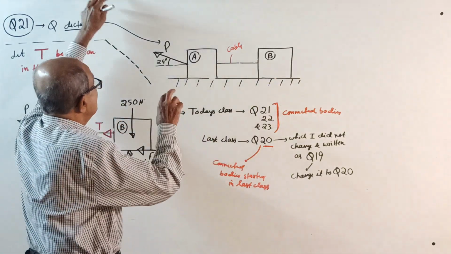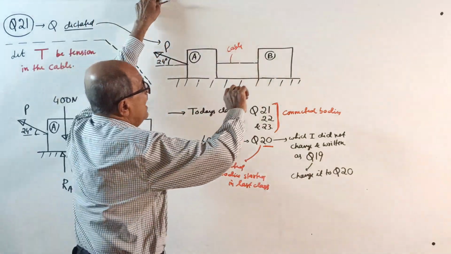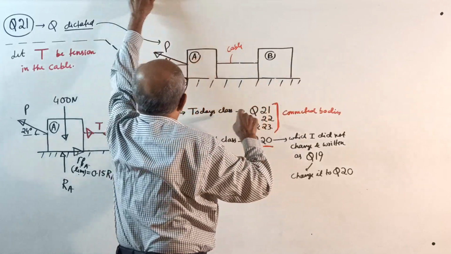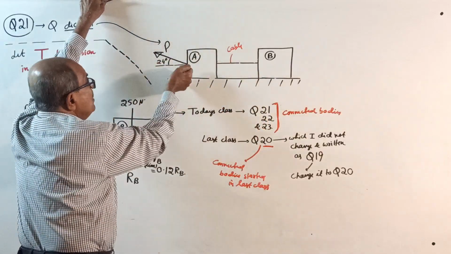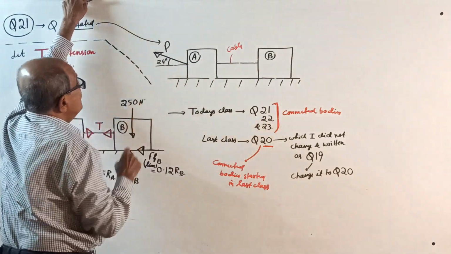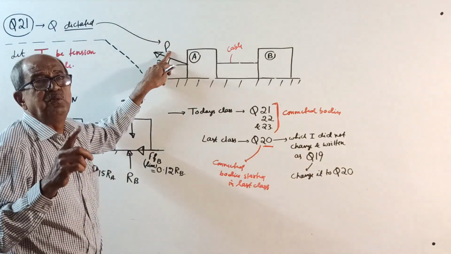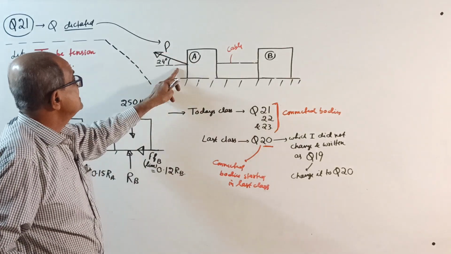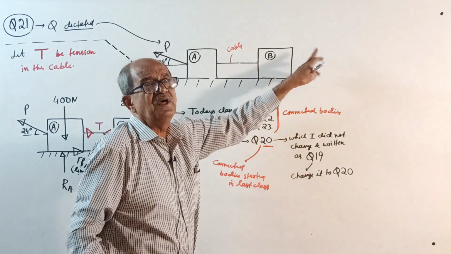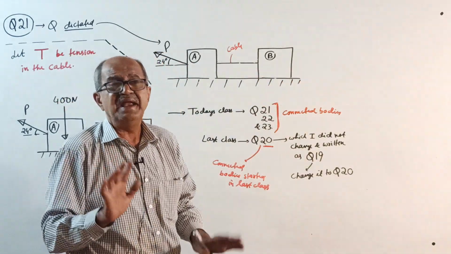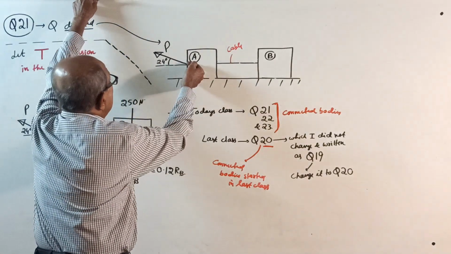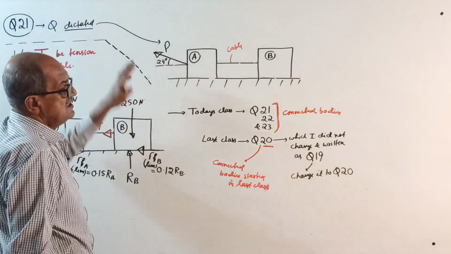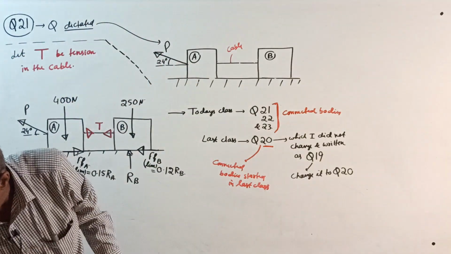Last time I applied a force this way to pull it that side. Now I'll apply a force this way. Again a pulling force. Find the least value of the inclined pulling force P. Last time that pulling force was horizontal. This time it is inclined. Given pulling force P at 24 degree with horizontal.